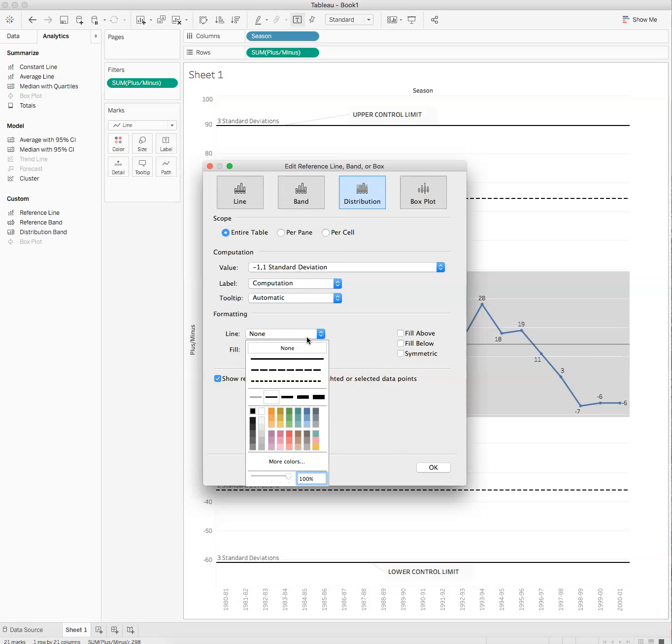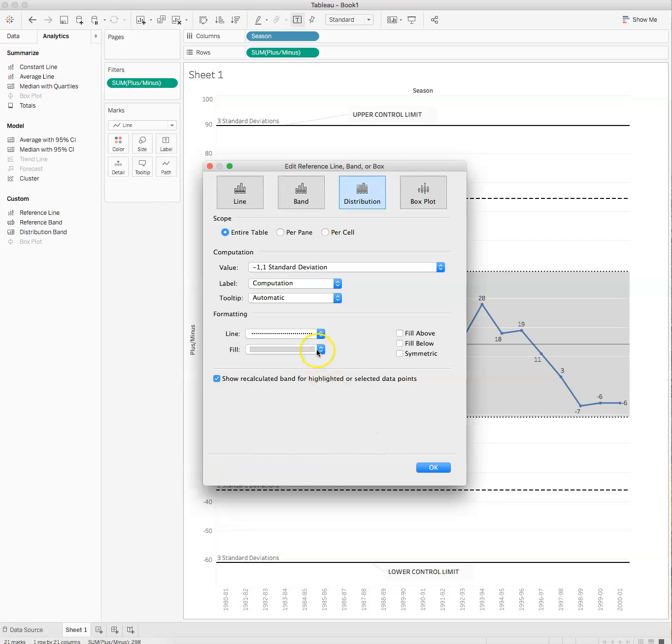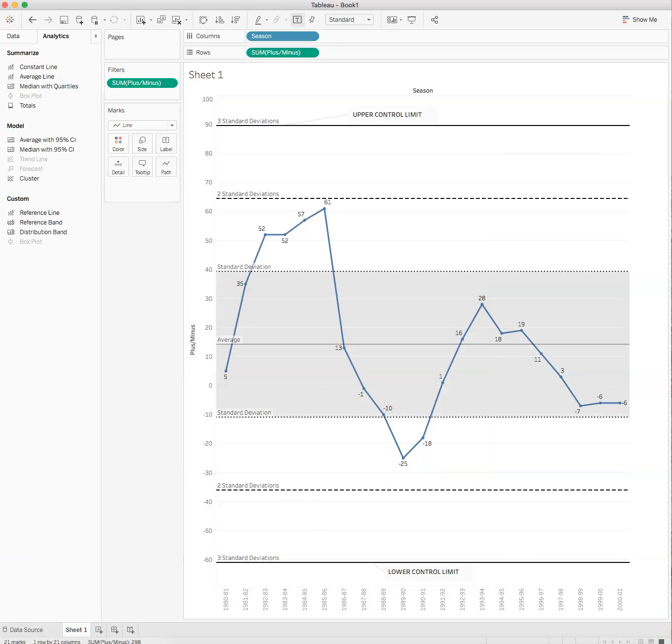And I can go to this kind of dashed line. No fill. Or you could make a fill if you thought that would fit. And so here we have 1 standard deviation, 2 standard deviations, 3 standard deviations, okay?